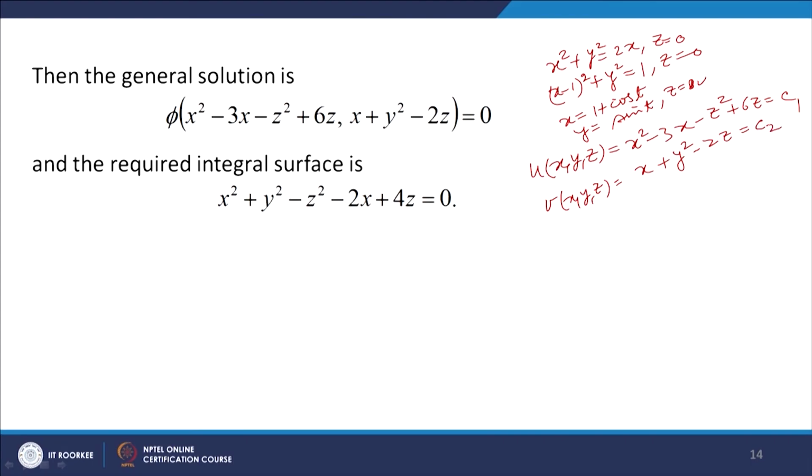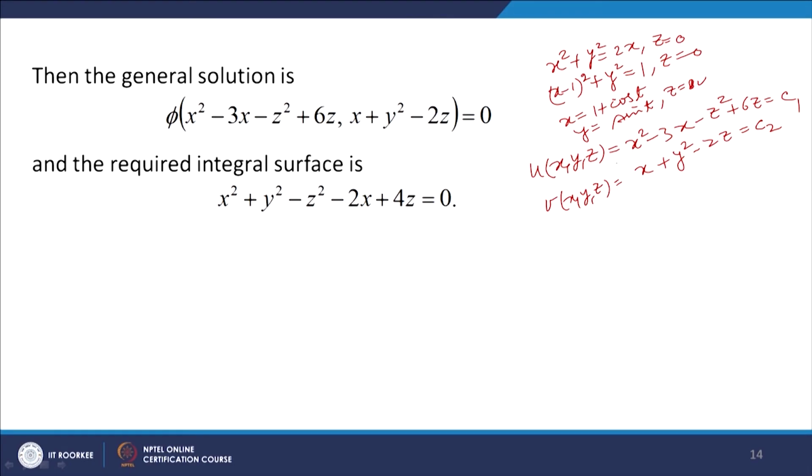If we have to find the integral surface that passes through this curve, then let us use the parametric form of the curve, that is the circle through which the solution of this has to pass.